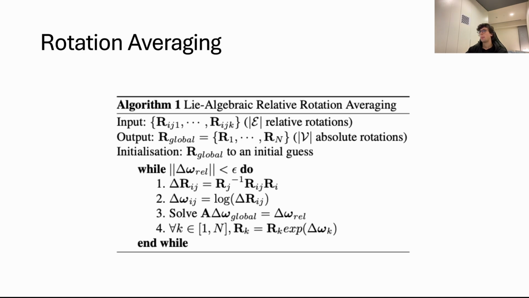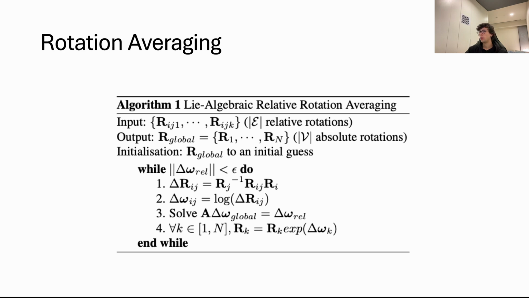So here, for example, we have the relative rotations R_ij1 to R_ijk, and we want the output to be R_global, R_1 to R_n. So we initialize R_global to a random initial guess, and then we perform these steps until a threshold is reached, so the error is minimized, let's say.